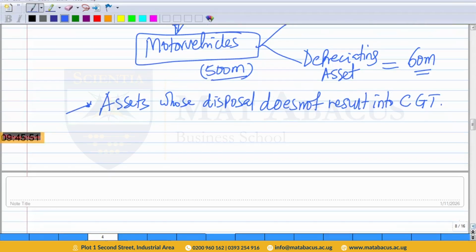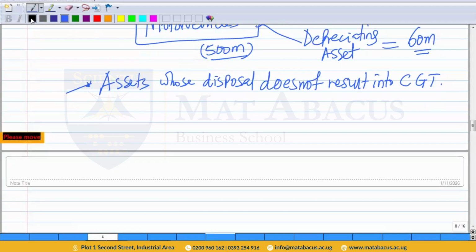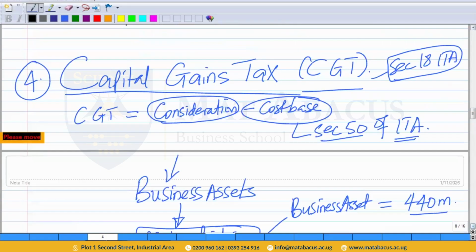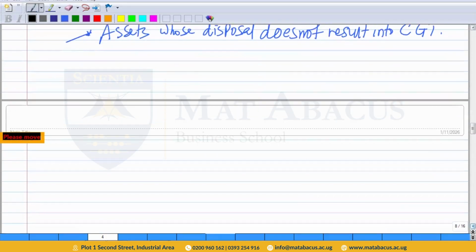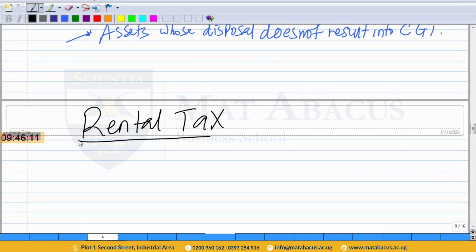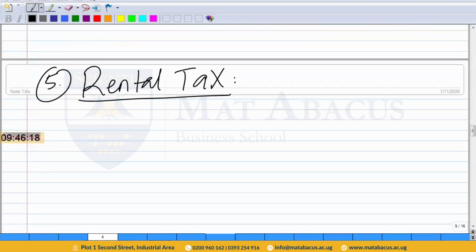The other area we shall look at is rental tax, number 5. Some of you are landlords, and if you are not a landlord, you are a tenant.